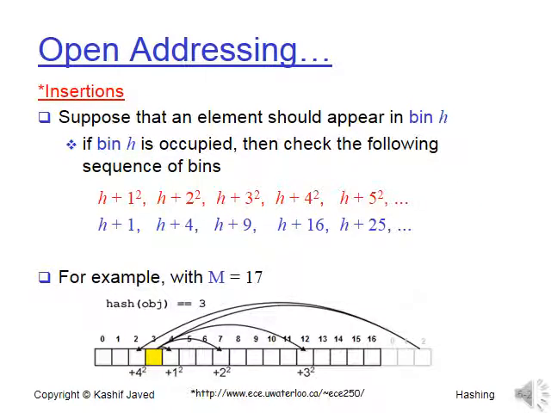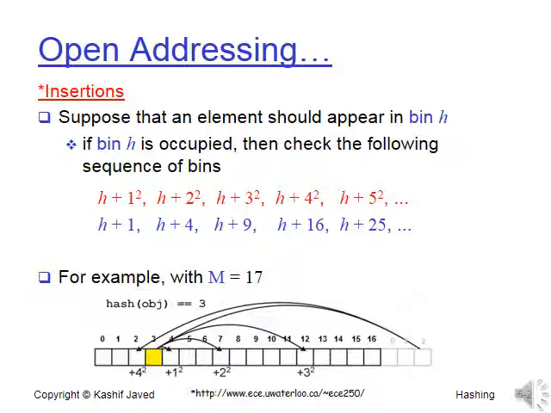Suppose that an element should appear in bin H. If bin H is occupied, then check the following sequence of bins: H plus 1 squared, then H plus 2 squared, then H plus 3 squared, then H plus 4 squared, then H plus 5 squared, and so on.